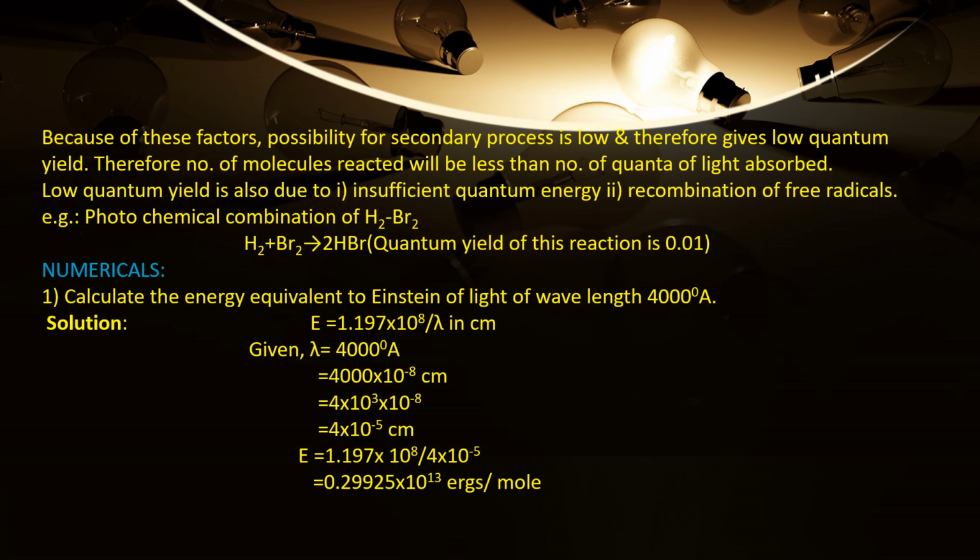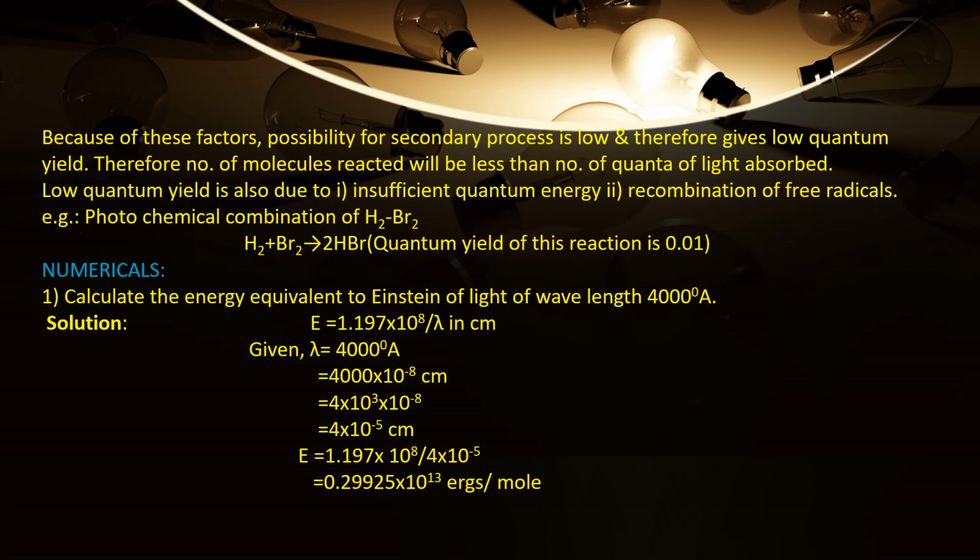So the molecules will be less and quanta of light will be more, and hence phi will be less than 1. Therefore, the number of molecules reacted will be less than the number of quanta of light absorbed. Therefore, quantum yield of such reactions will be less than 1.